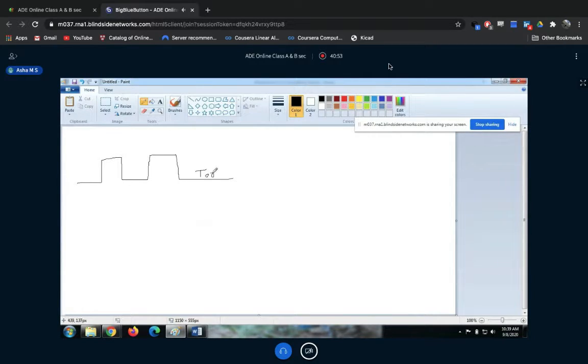These are the two states because the output of these multivibrators is a pulse output. This T on state is one state of this pulse output, and T off is the other state. If both T on state and T off state are stable, then such multivibrators are called bistable multivibrators.